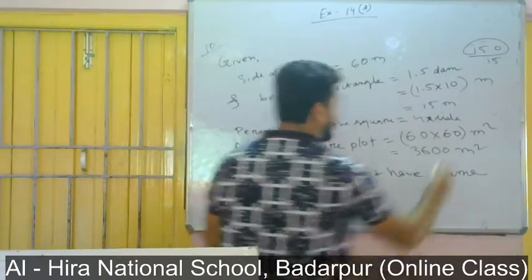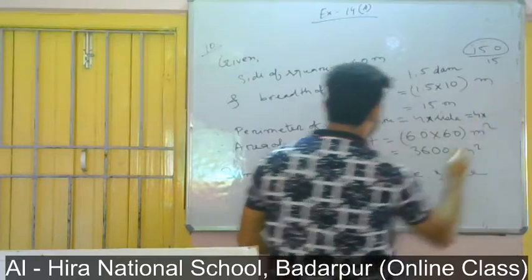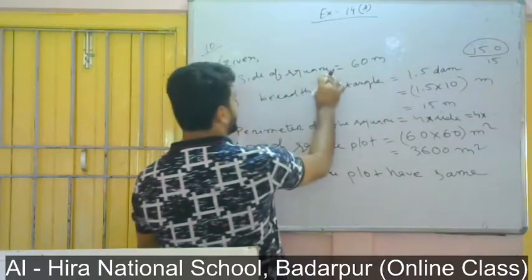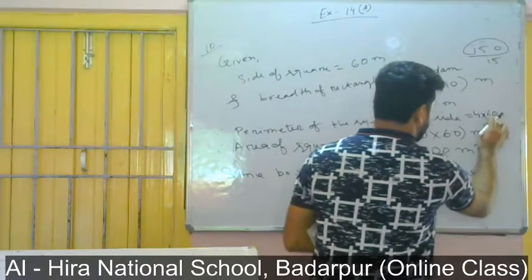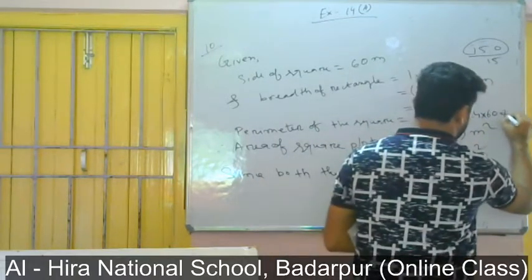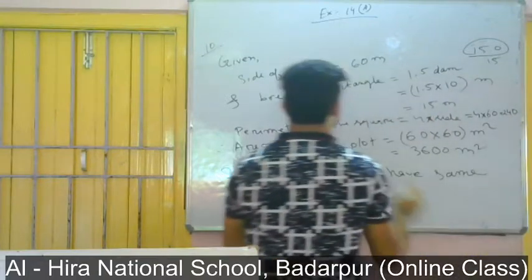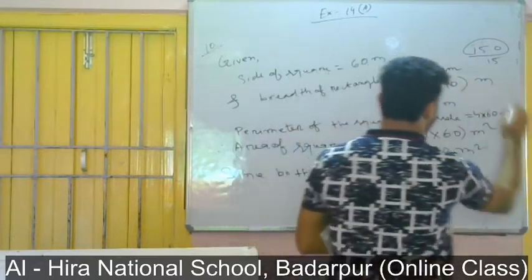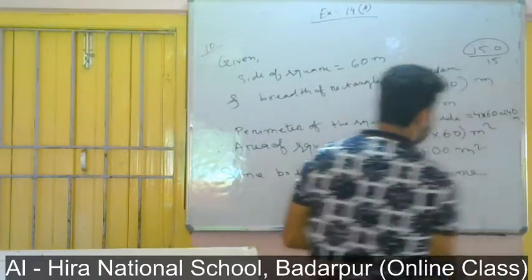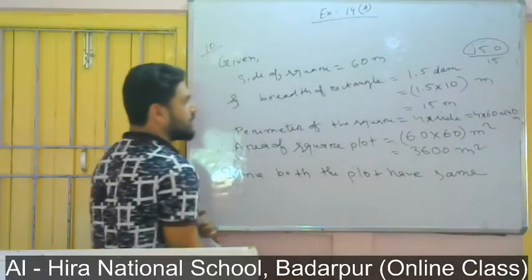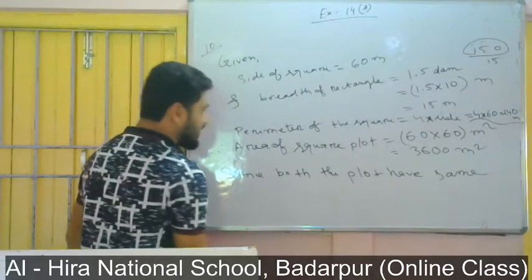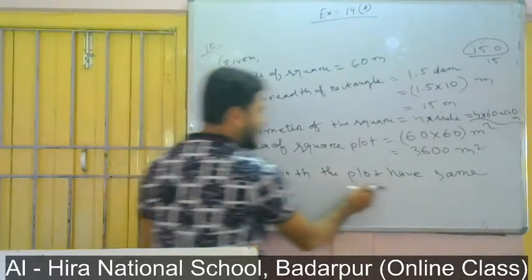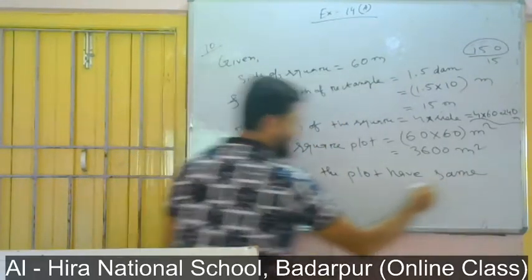So 4 into side, that means 4 into 60, side of a square 60. Then it will become 6 4 are 24, 240. 240 meter. It will come as 240 meter. Right. Since both the plots have same perimeter.